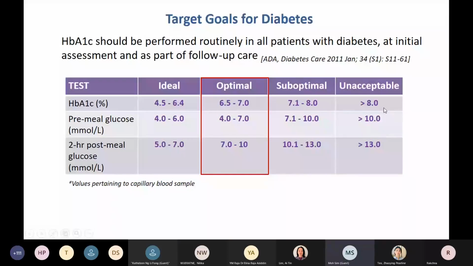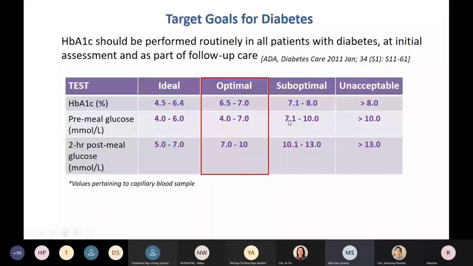For certain categories of patients, you may want to have more stringent glycemic control targets, and hence this is where we may even aim for HbA1c to be below 6.5%. The pre-meal and post-meal glucose targets represented in these tables show that if a patient is able to attain them, by the time they are reviewed in clinic, they should not be too far off the HbA1c value.